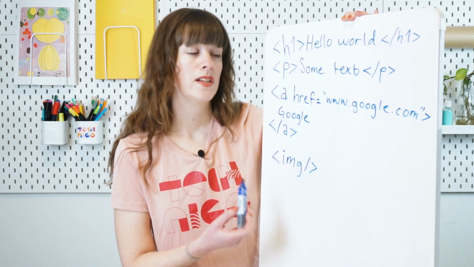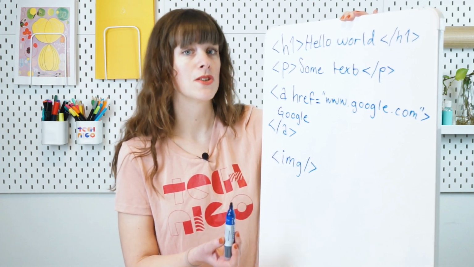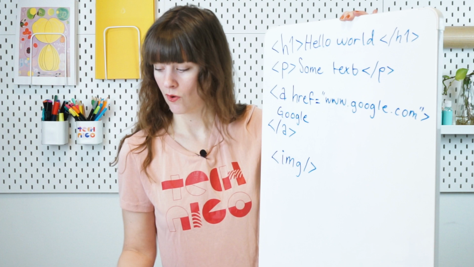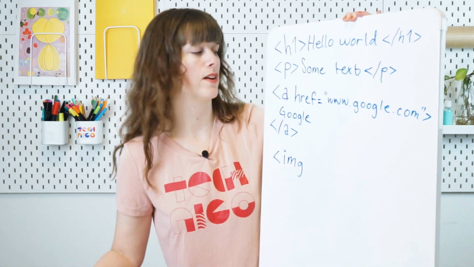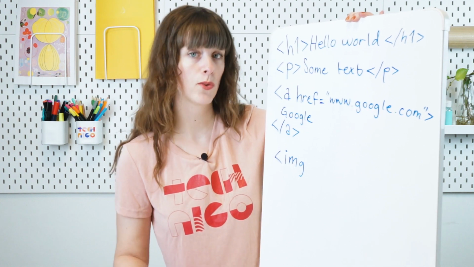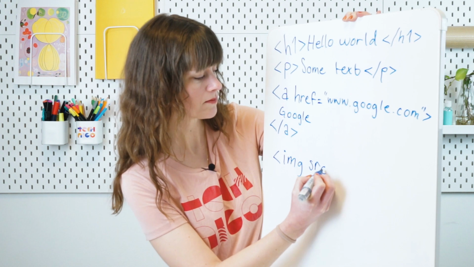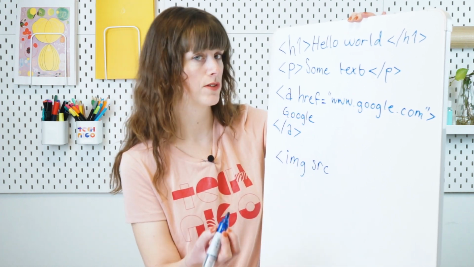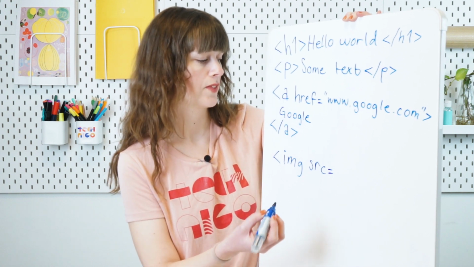But as I said, we need to tell HTML where the image should come from. So I'm going to erase this here. And we're going to add an attribute called source. So src for source, and this is where we will write the image path.